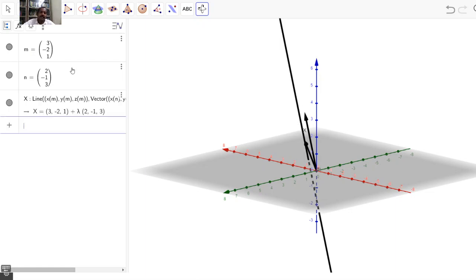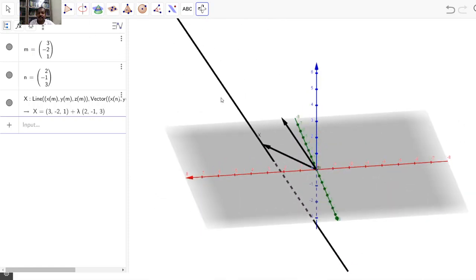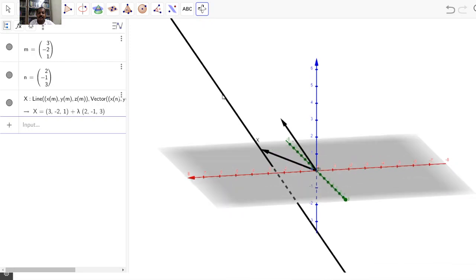So this is the line. You can see that. So this is the line through 3 minus 2 1, in the direction of n. So you may color it.